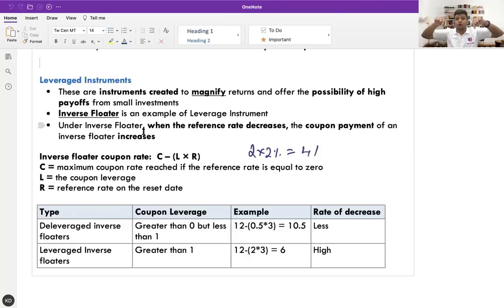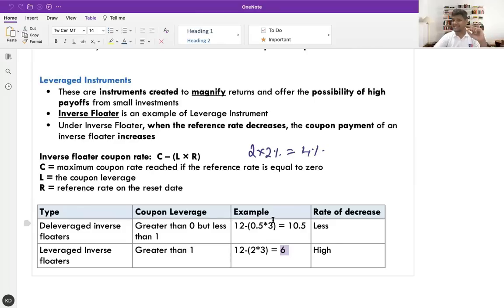So you'll get more coupon if the leverage is more than 1. If the fall is 3%, then 2 into 3, 6%. So 6% is the coupon I will get. Are you getting it? That's called a leveraged coupon instrument, or leverage instrument, where the leverage is more than 1.